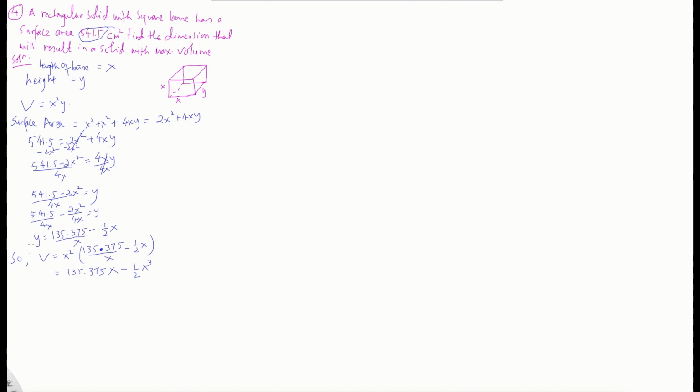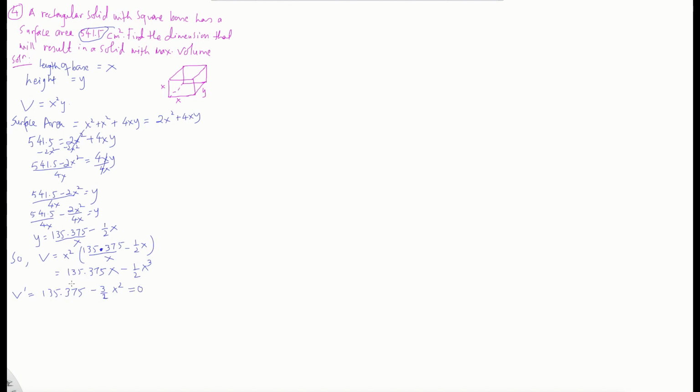Now to find the maximum or minimum value of V, the process is the same. Find V prime. V prime is 135.375 minus 3/2 x squared. That is V prime. To find the maximum or minimum, you set that equal to 0.